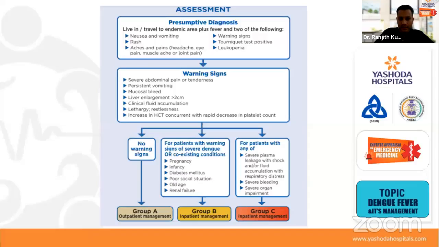Anybody in respiratory distress due to pleural effusions, severe bleeding, or severe organ impairment like liver, kidney, or neurological involvement is grouped in C.